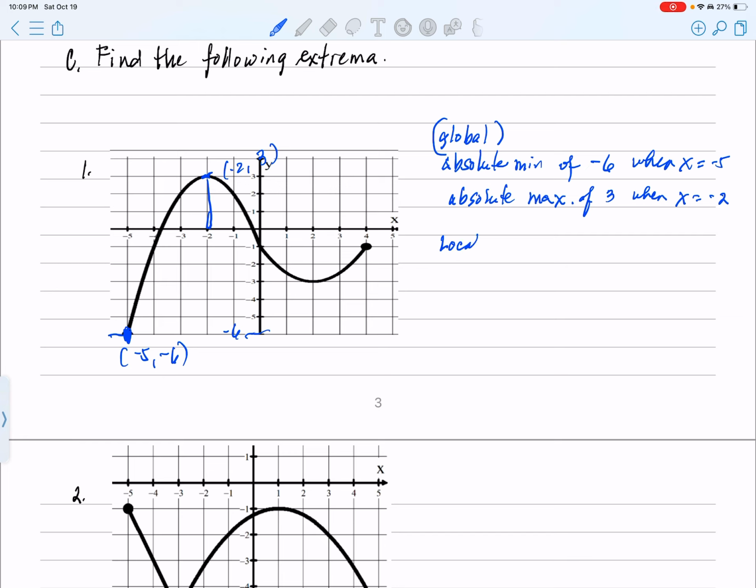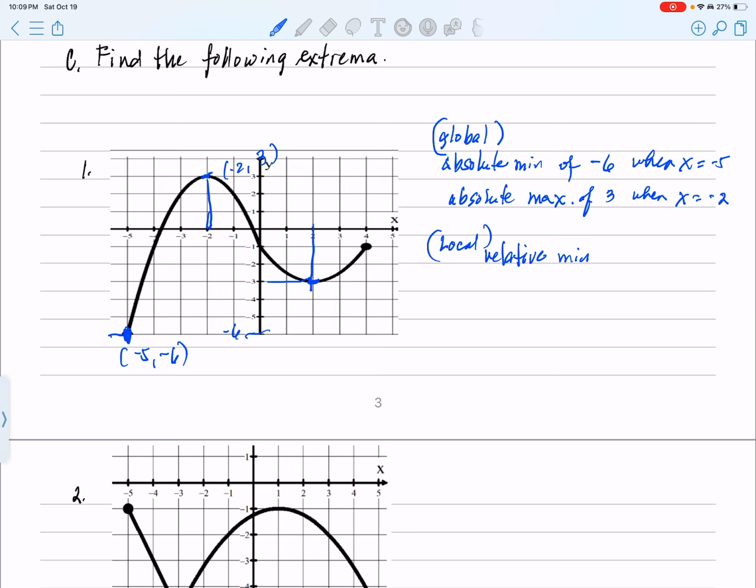local, or we could say relative? I would say minimum, relative minimum. I could have here when minimum is (2, -3).